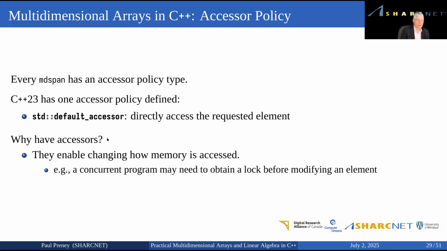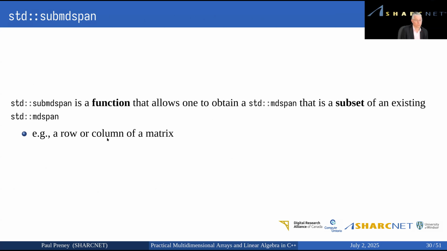It's simply so you can grab a lock or do an atomic, or if you're doing parallel things with MPI and all that stuff and arrays and stuff like that, and you need to do something special to access each one. Okay, so you might say, great, I can get a multi-dimensional array.